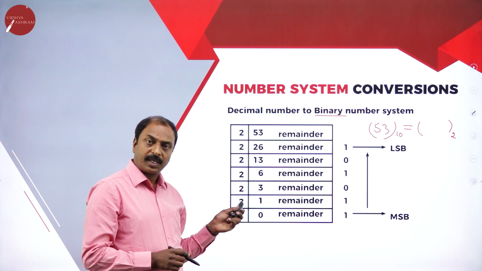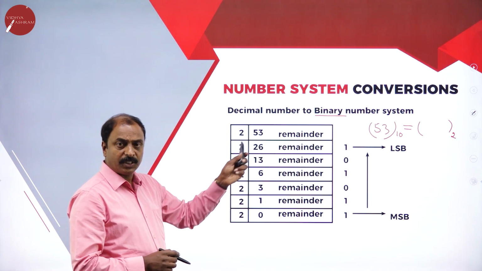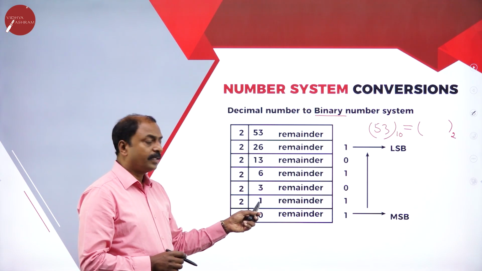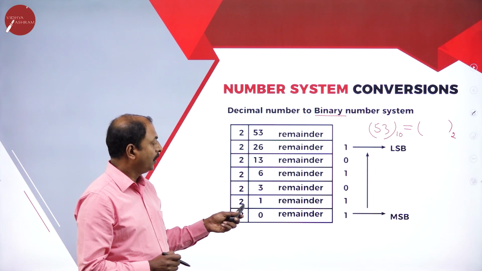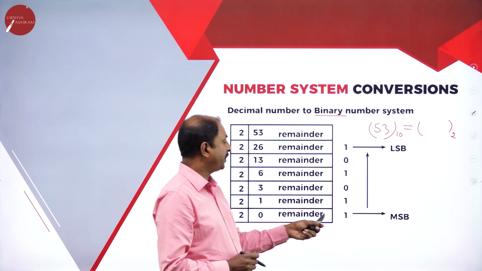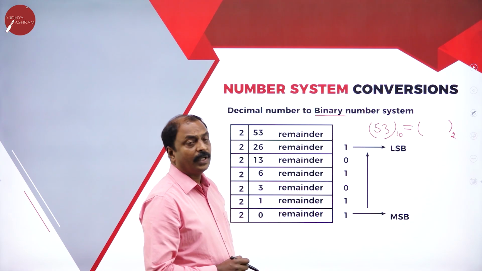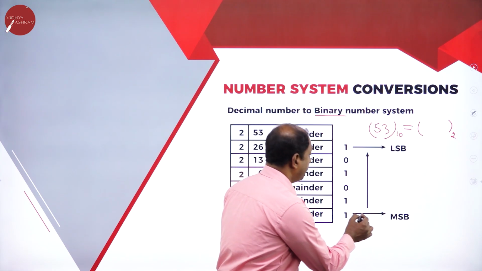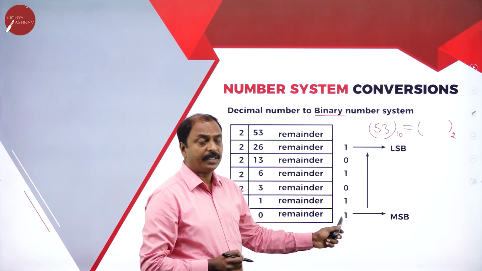So I repeat once again. We are dividing these decimal numbers till the quotient is less than the base 2. Now we are going to store the remainders. After storing the remainders, we have to keep the answer in this direction, from the last remainder upward, and we should not neglect even this one.